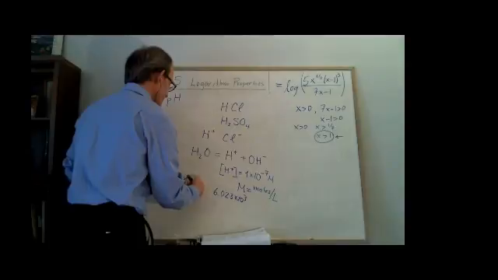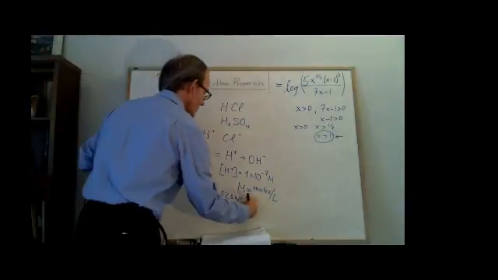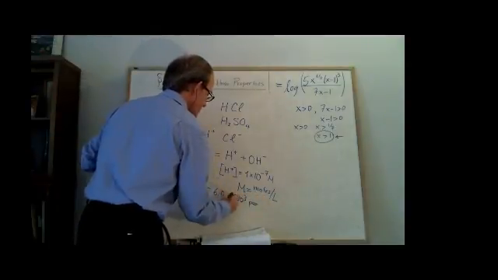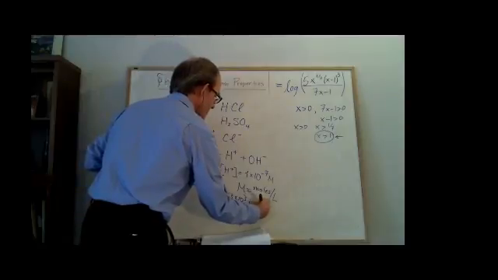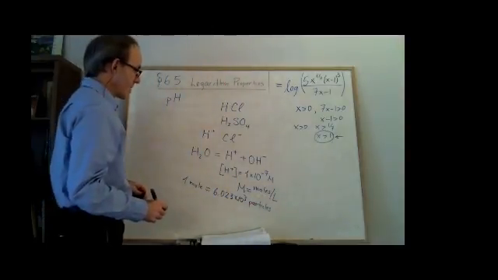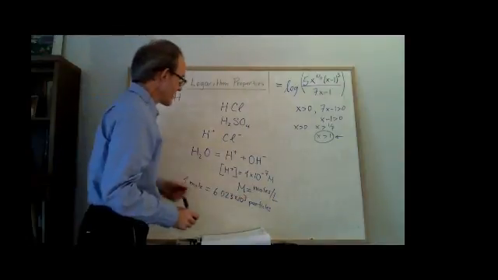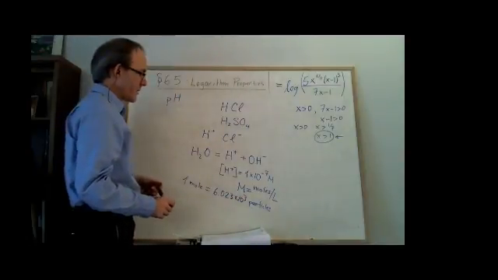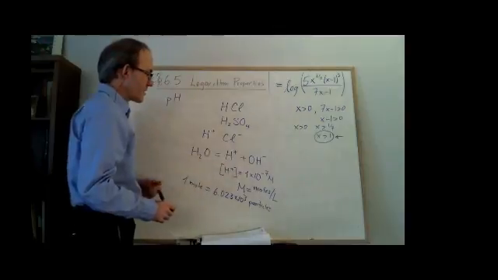So 1 mole is 6.023 times 10 to the 23rd particles or constituents that is under consideration here. Okay, in this case it would be hydrogen ions.